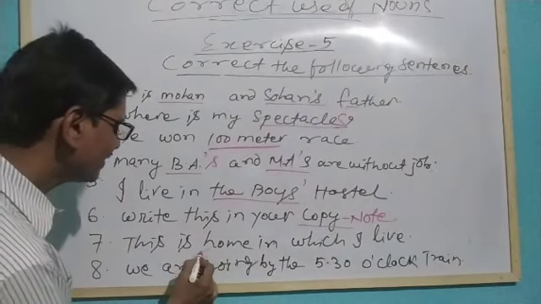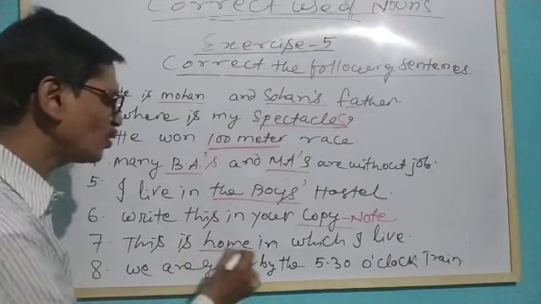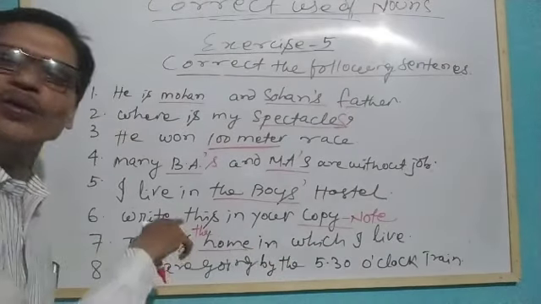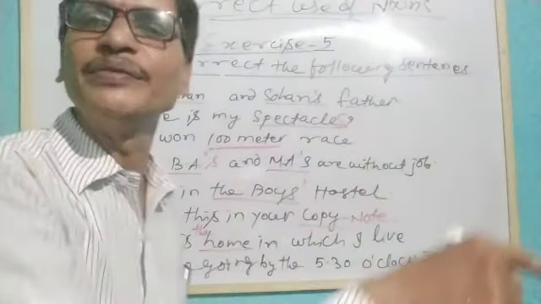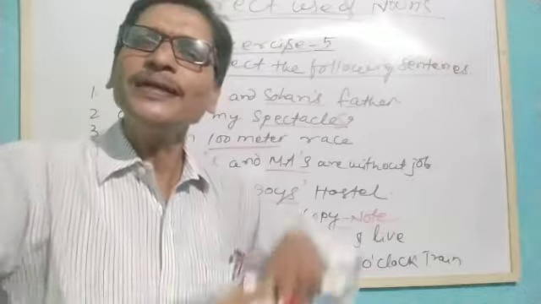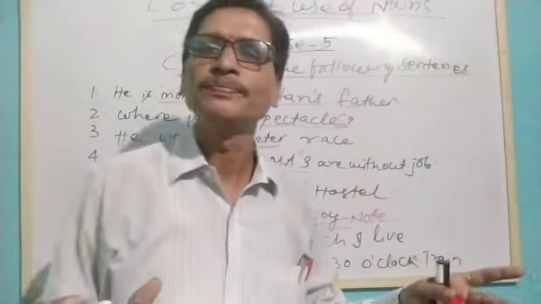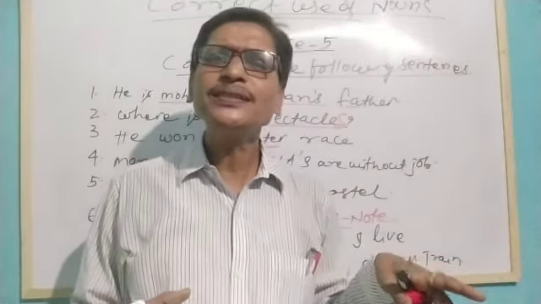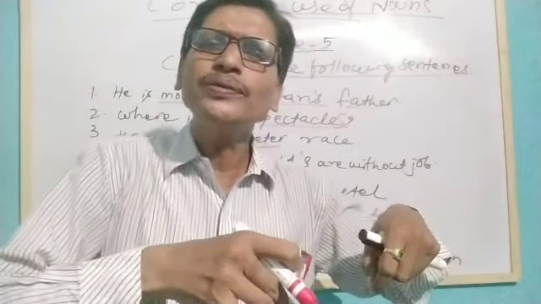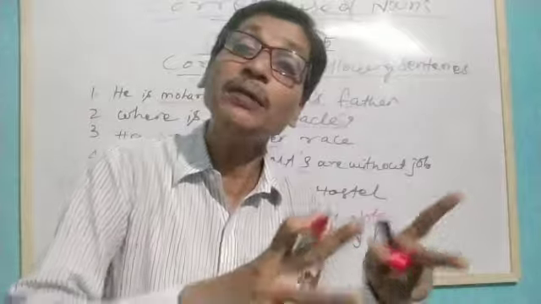This is home. This is the home in which I live. Home means what? Home is not just a house. Home is everything. The world is our home. If we go into analyzing its meaning, it will be different.